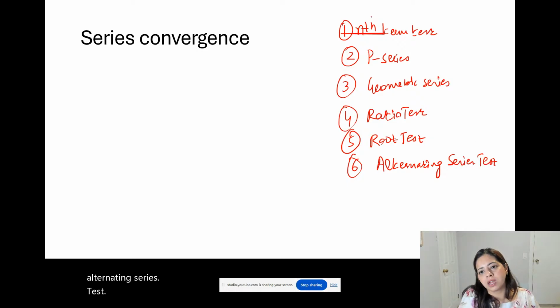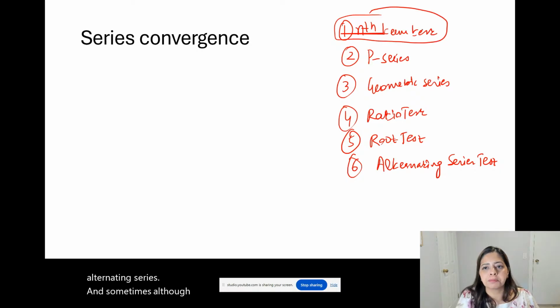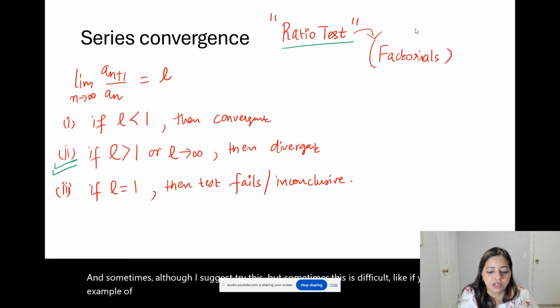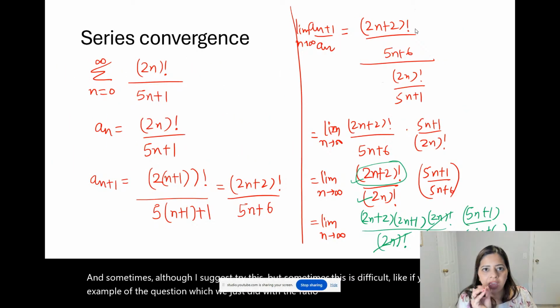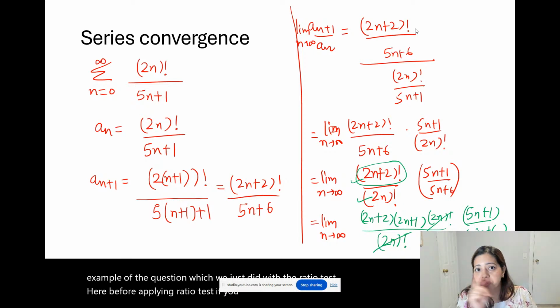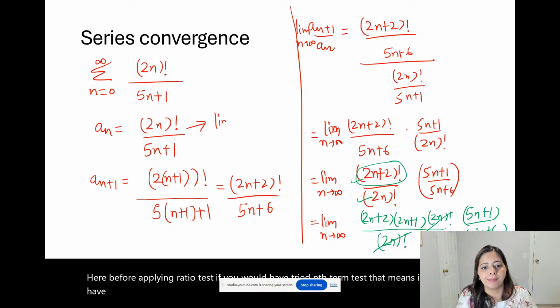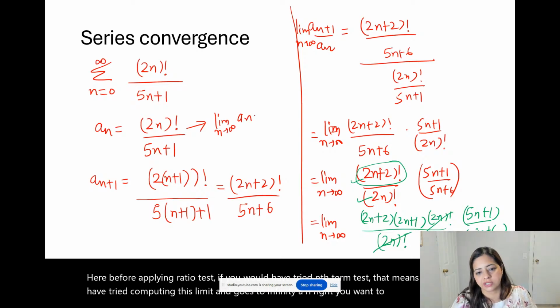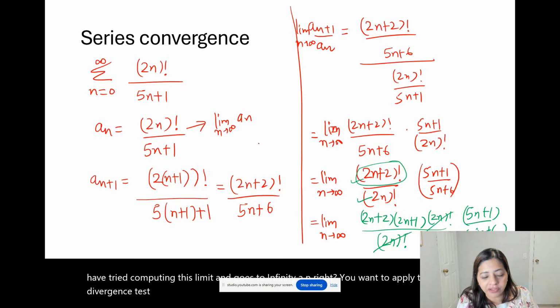And sometimes, although I suggest trying this, sometimes this is difficult. Like if you take the example of the question which we just did with the ratio test, before applying the ratio test, if you would have tried the nth term test, that means computing the limit as n goes to infinity of a_n, you want to apply the nth term divergence test. Then sometimes it's so difficult to solve this limit because of the presence of factorial.